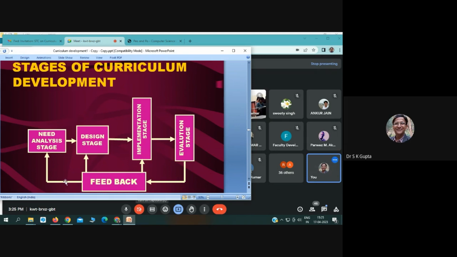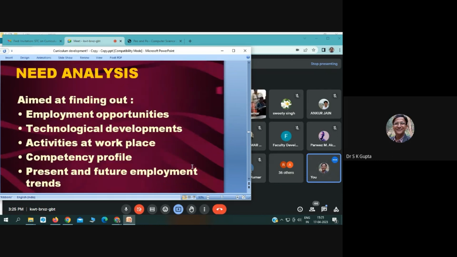So these are the stages which we must know: what is the need analysis stage, what is the design stage, what is the implementation stage, and what is the evaluation stage. So first we will discuss what the need analysis stage is. I have already discussed this.